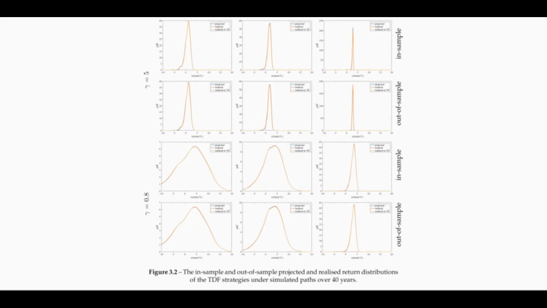And the 3 columns correspond to 3 different time horizons: 10 years, 20 years, and 40 years. As you can see, as the time horizon becomes longer, the return distribution becomes less risky with smaller variance, especially for the risk-seeking investor.